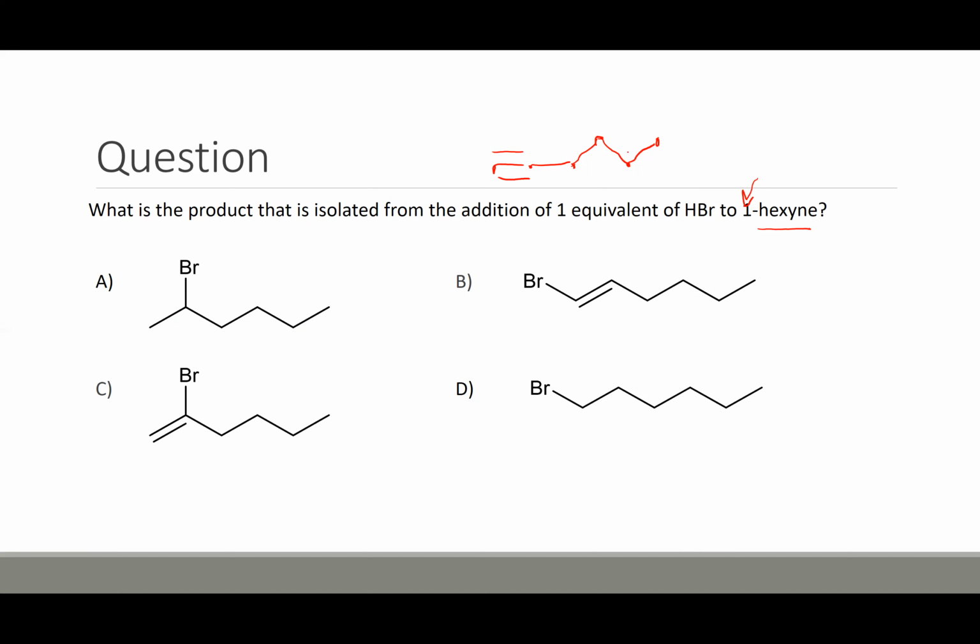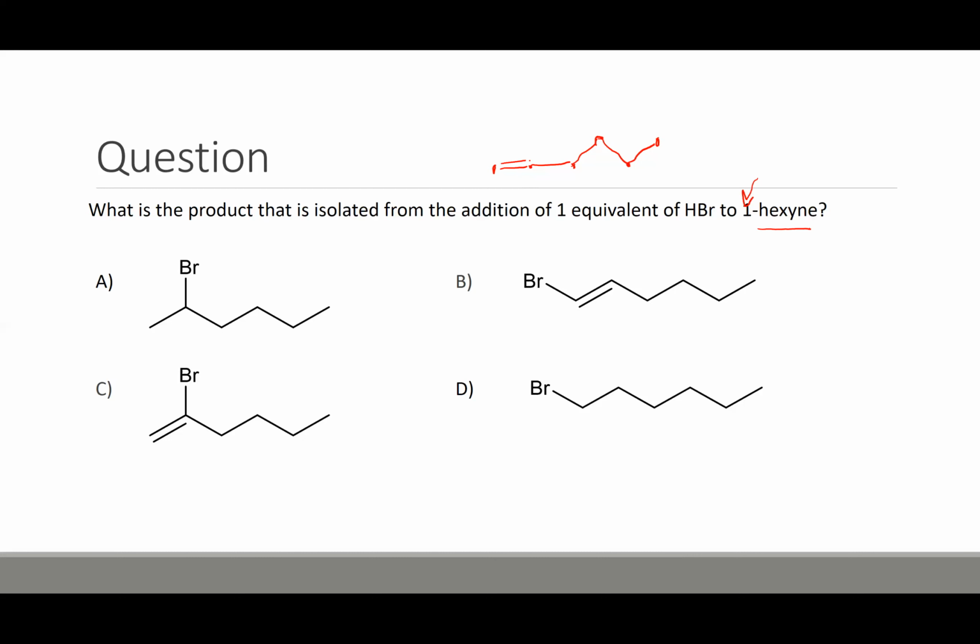of HBr. So only 1 equivalent of HBr would add across that triple bond, leaving a double bond. So we have a double bond here. And the bromine is going to follow the Markovnikov rules, meaning it will add to the side that is more substituted, and the hydrogen will add to the side with more hydrogens.